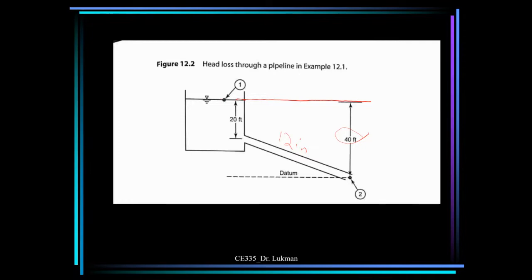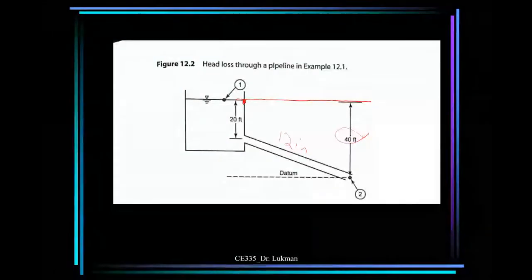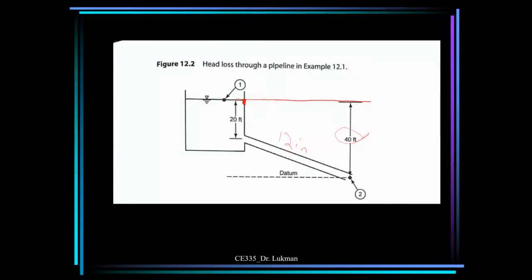But because of the losses, here there is entry loss. Within the pipe, both the pressure head and the velocity head will rise here.